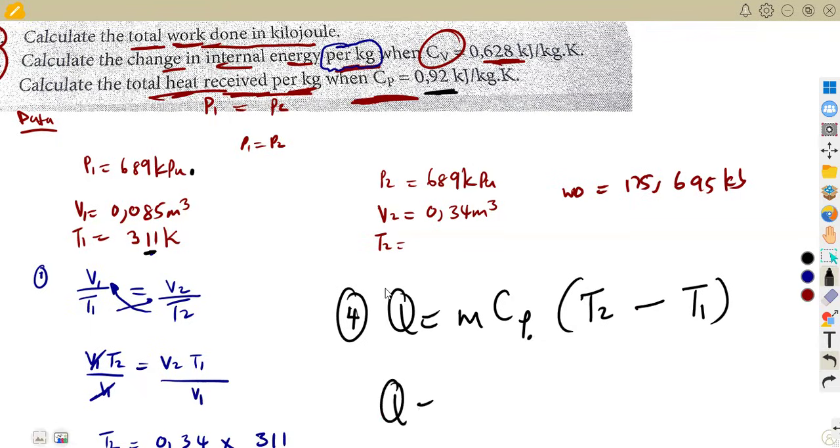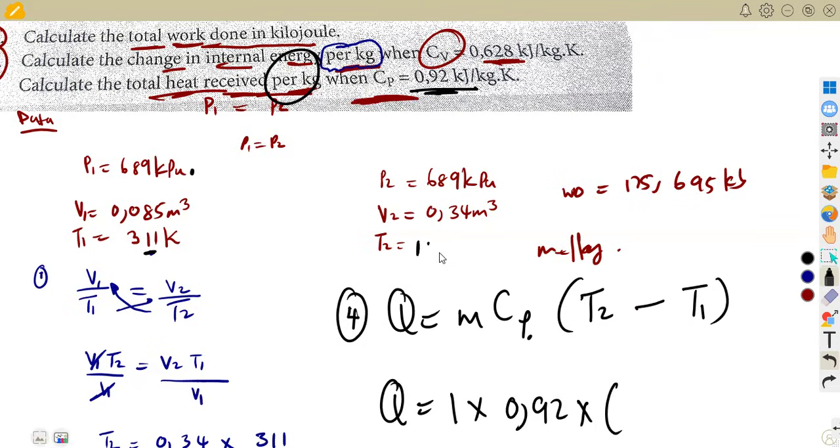So since they need this per kilogram, it means we take our mass as 1 kilogram. That's our answer to be per kilogram. CP given as 0.92 times the change in temperature. Remember our T2, it was 1,244 Kelvin. So that will be 1,244 minus T1 initially, which is what?